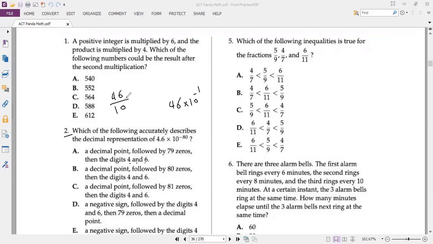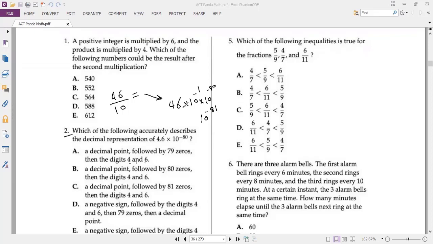So we can write it as 46 times 10 power negative 1. We also have 10 to the negative 80, so the total will be negative 81.